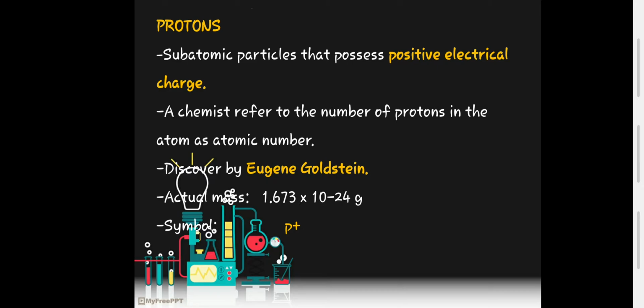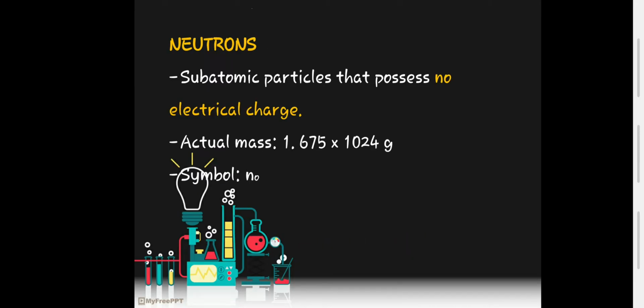The symbol for a proton is a small letter p with the positive sign. Always remember the differences between electrons and protons, regardless of the exact mass of each. Continuing our discussion, we have neutrons.